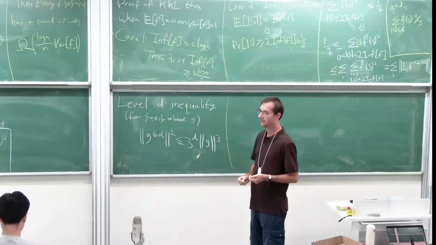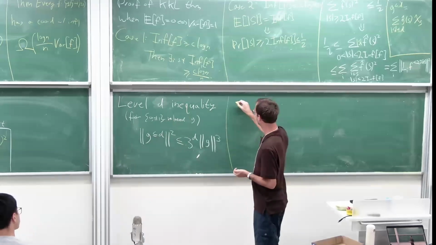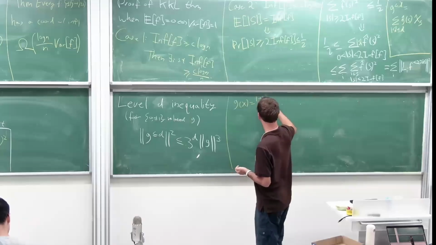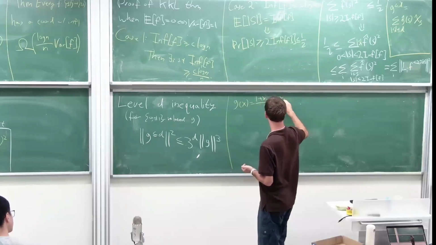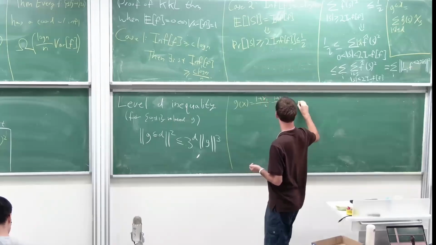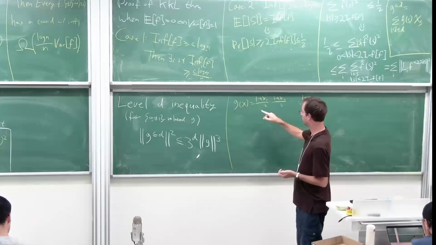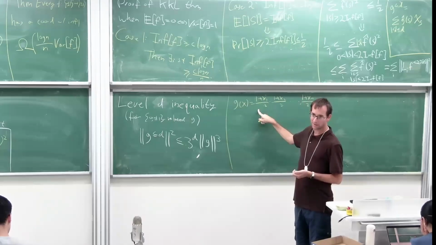So let's say that g is a delta function. g of x is 1 plus x1 over 2, times 1 plus x2 over 2, times 1 plus xn over 2. So this is 1 if all of the xi are 1 and 0 otherwise.